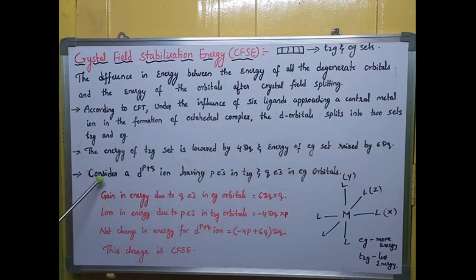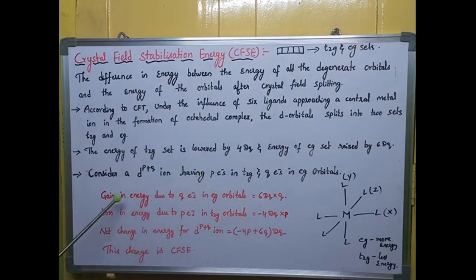If we are considering one ion that is having d^(p+q) configuration, and this ion consists of p electrons in t2g and q electrons in eg, each electron increases or decreases energy by that amount.